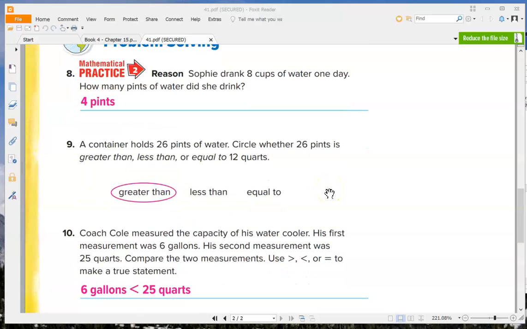A container holds 26 pints of water. Circle whether 26 pints is greater than, less than, or equal to. Since you didn't really have a chance to circle this, it would have been great if you had written this down.